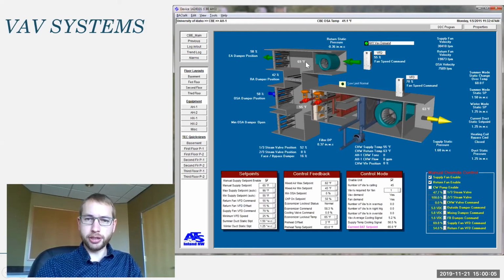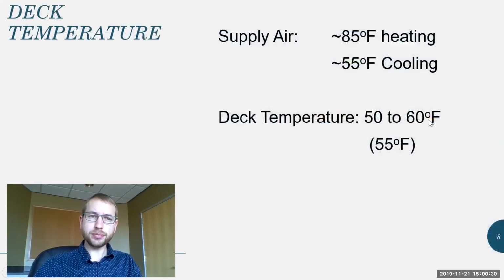So you can see what the return air temperature is, and what percent of the return air we're actually recycling versus bringing in some additional fresh air versus our minimum ventilation air. Then we have our heating coil, our cooling coil, and supply fan, and then coming out of it is our deck temperature, which in this case is at 63 degrees.